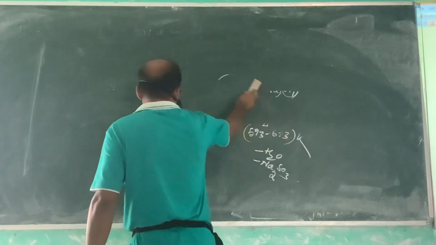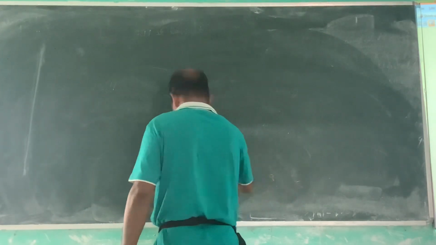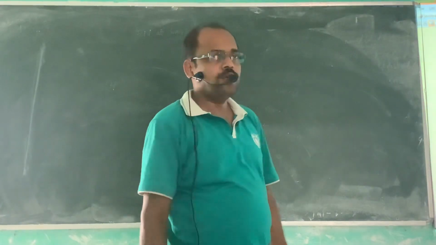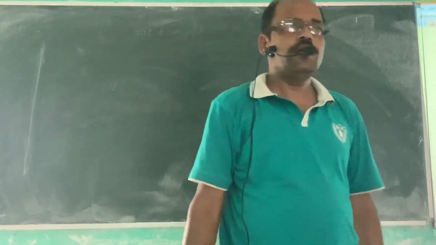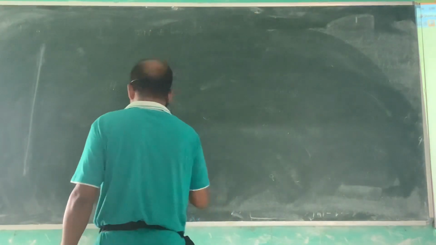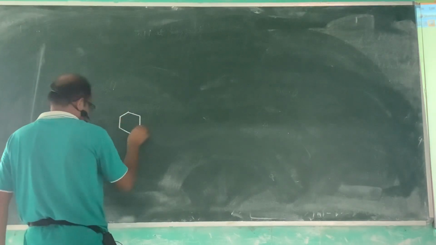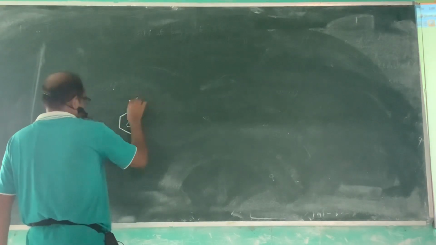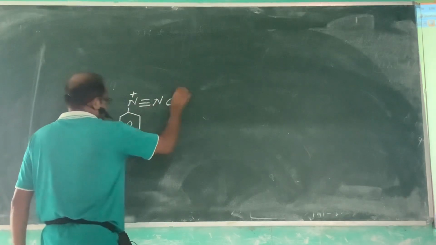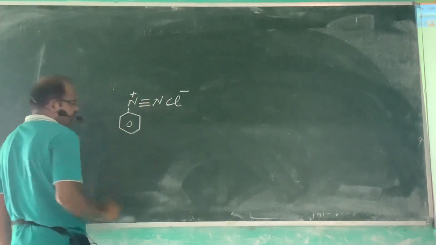That means an aqueous solution of benzene diazonium chloride on heating in presence of dilute hydrochloric acid gives phenol. This is the formula for benzene diazonium chloride.